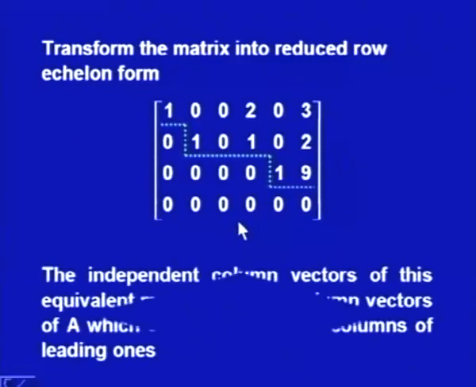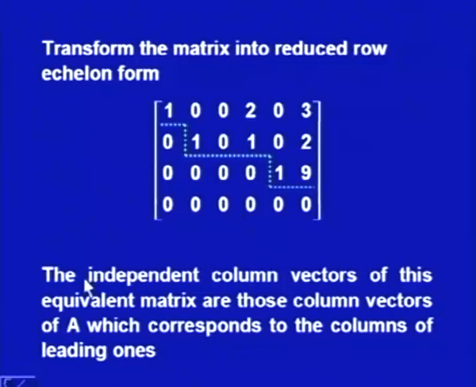Once we have obtained row echelon form, we try to find the independent column vectors of this equivalent matrix. These are those column vectors of A which correspond to the columns of leading ones. That means, if this is the echelon form, then this column corresponding to this leading one and this column in which we have this leading one and this column. So, this vector and this vector are linearly independent vectors.